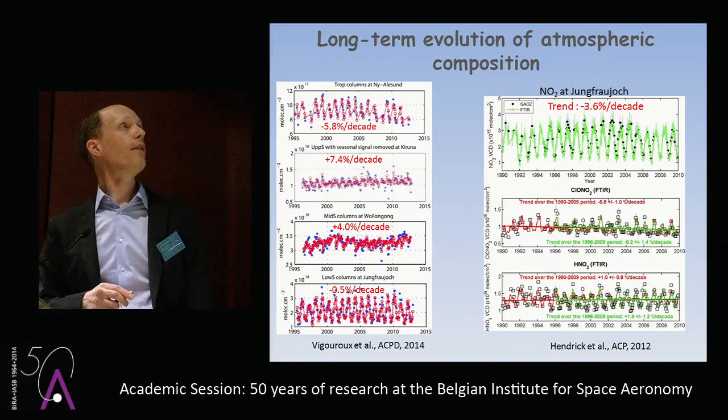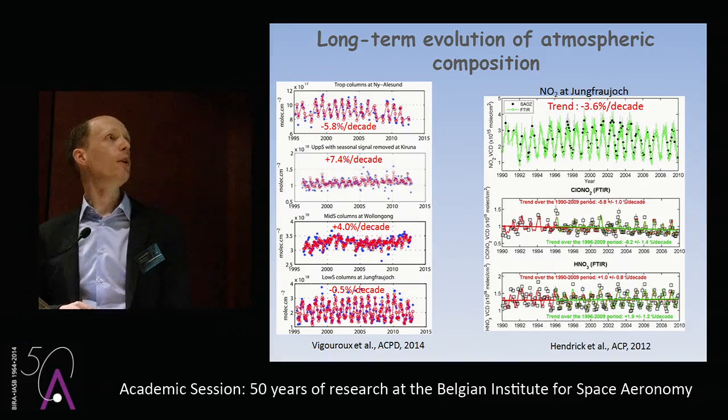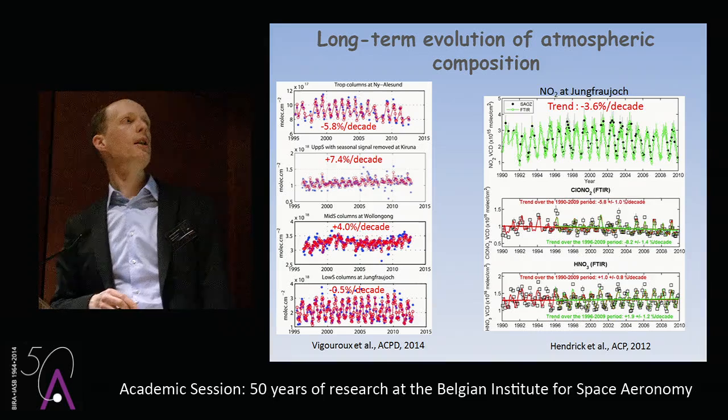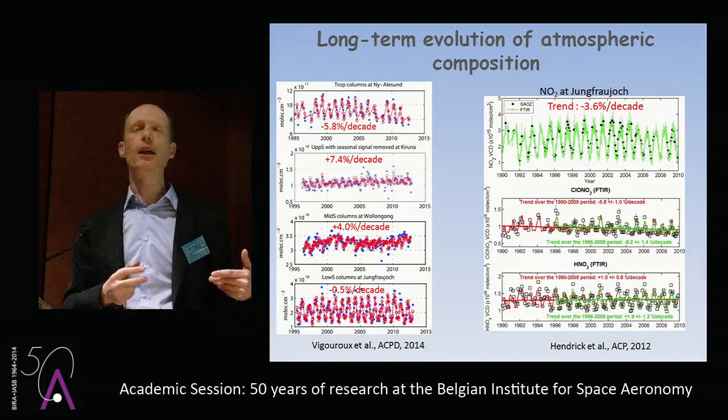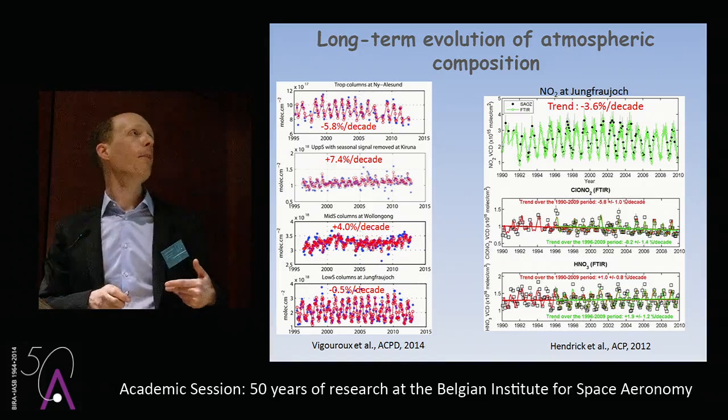This is in Jungfraujoch, we have NO2 and we have ClONO2. ClONO2 is a compound made from the combination of ClO and NO2.